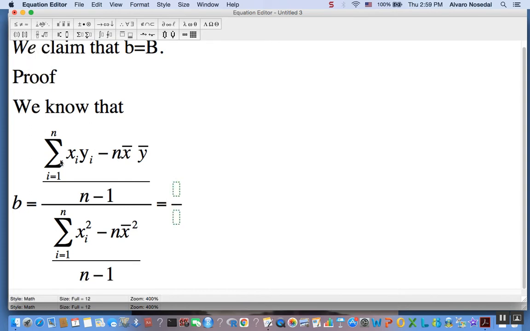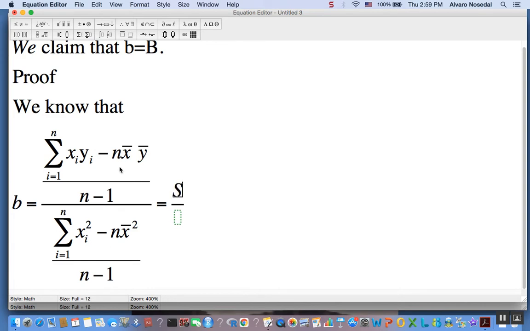So the thing is, if you do that, when you see this, what you should recall is that, hey, this guy is the very definition of the sample covariance. Remember? Okay, so this would be the sample covariance.